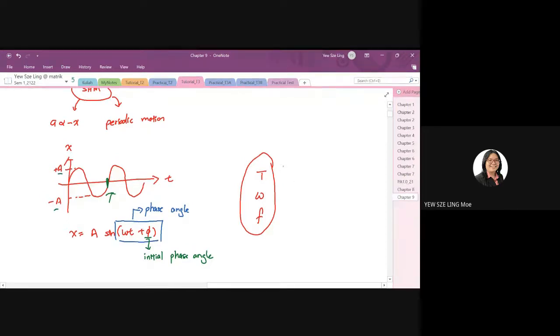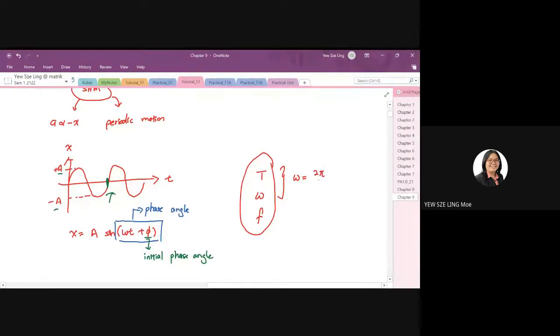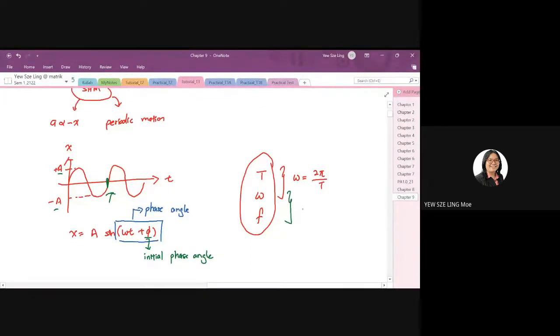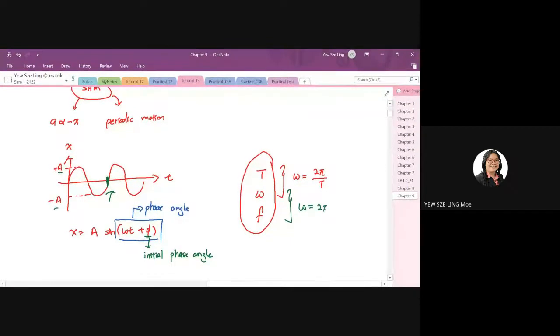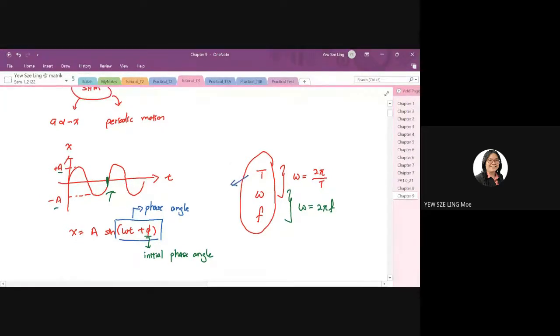So ω equals 2π over T. If you are given frequency, then ω equals 2πf, or f equals ω over 2π. For T and frequency, the relationship is T equals 1 over f. So they are one family. If you are given one of the values, you will be able to determine the other two.